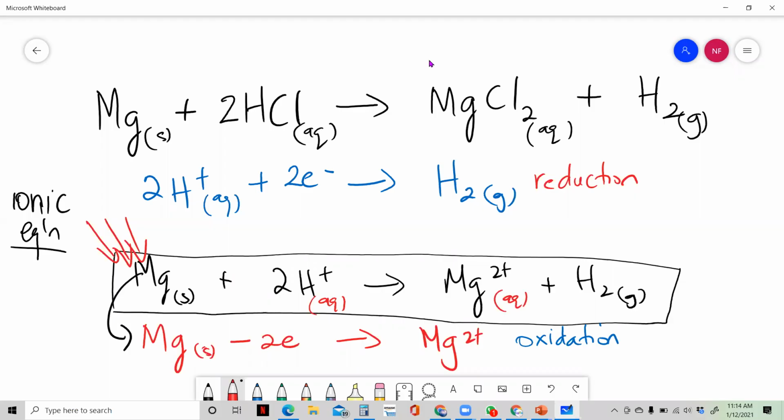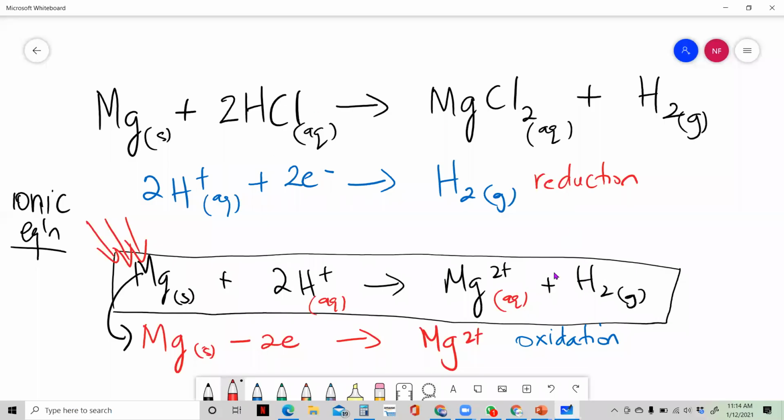That is our ionic equation. So what I did was just split it in 2. I took out magnesium, and I examined what change magnesium is undergoing. Magnesium lost 2 electrons to form magnesium ion. By definition, if the species loses electrons, then oxidation is taking place.